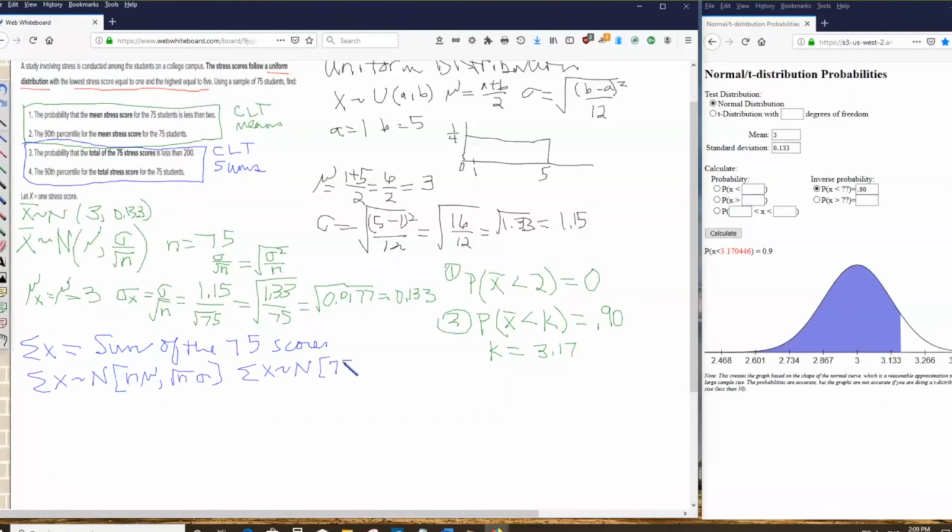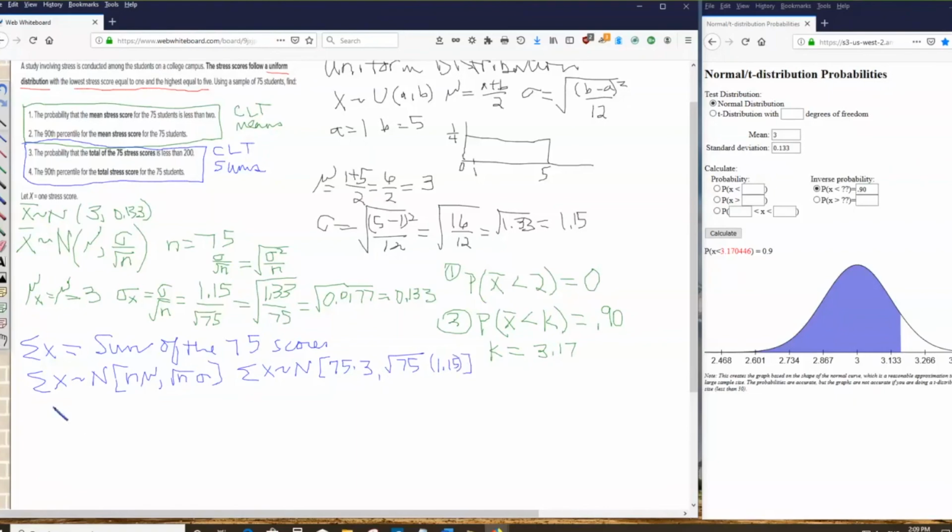N is 75 times the mean, which is going to be the same, the original mean, which is our 3. And then our standard deviation is going to be the square root of 75 times the original standard deviation, which is 1.15.